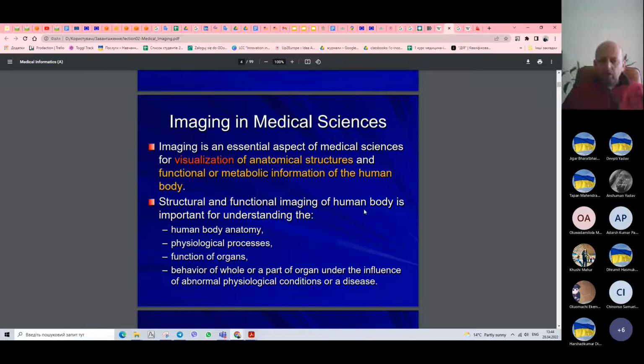It is also used for structural and functional imaging of the human body, which is important for understanding the human body anatomy, physiological process, function of organs, and behavior of whole or part of organs under the influence of abnormal physiological condition or disease.